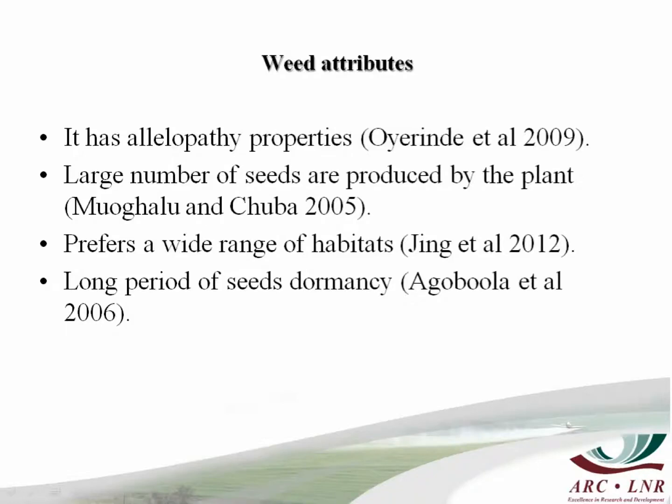Due to its allelopathy, it is able to get rid of native indigenous plants. In some other countries like Nigeria, they have reported that if you chop down this plant and introduce other plants like agricultural or commercial crops, those plants will produce small shoots and small roots due to its allelopathic properties.